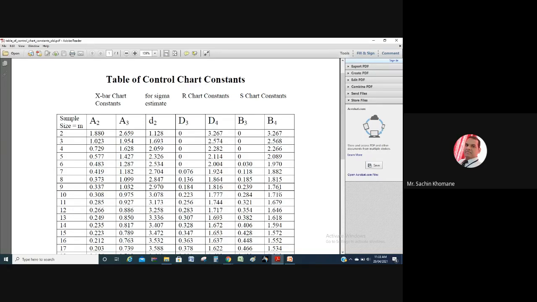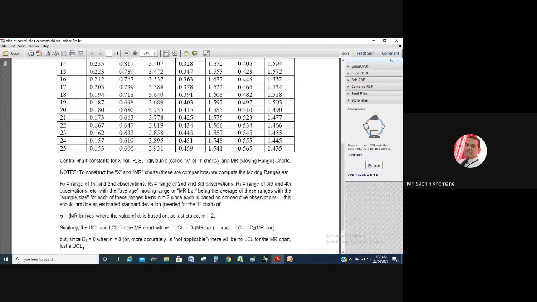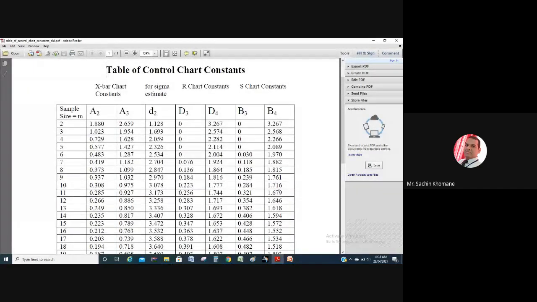If samples are like 2, 3, 4, 5, 7, 8, 9, 10, up to maybe 25, these values are there. For the X bar chart, this A2 value is very important. Like that D3, D4 are required in our chart. We'll see those, but for now in the X bar chart, the A2 value is very important.